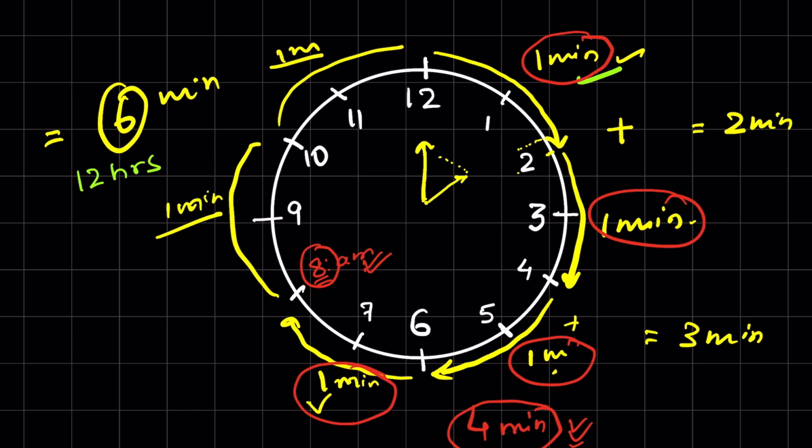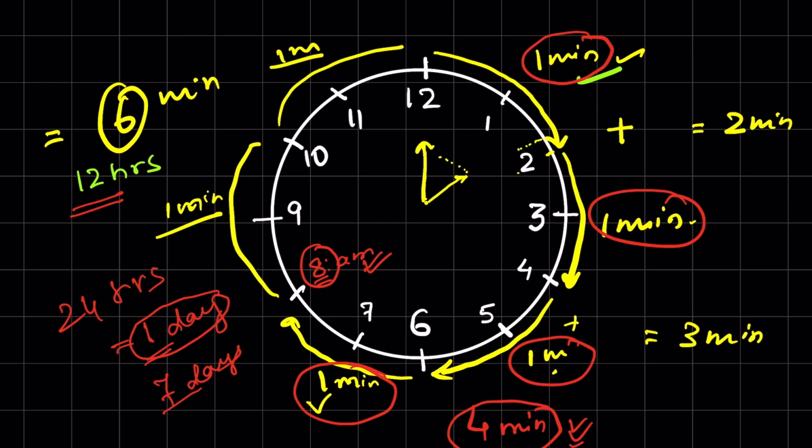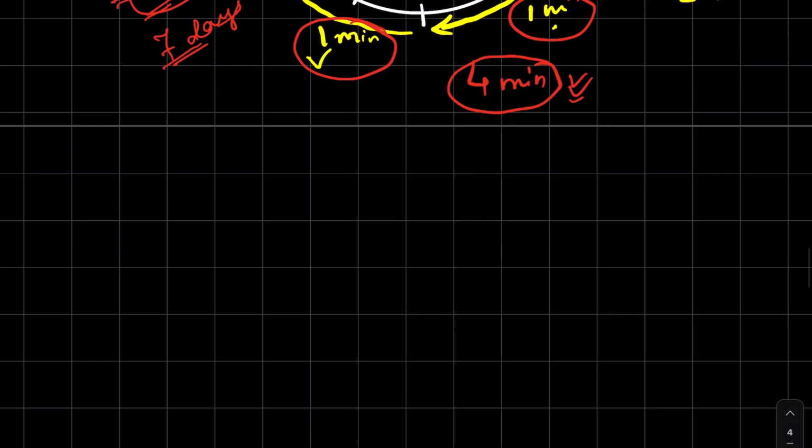Now let's calculate how much time it will lose in 24 hours, because 24 hours is equal to 1 day. And if we can calculate the time lost in 1 day, then we can calculate the time lost in 7 days using the unitary method. So let's use the unitary method.